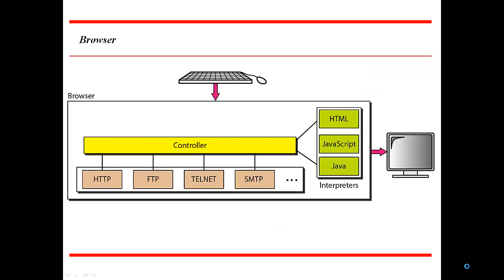So the browser actually has quite a few different moving parts. There is a controller, and we normally think of the protocol that we use over the web through the browser as HTTP, Hypertext Transfer Protocol. And that's going to be a large majority of what it does.